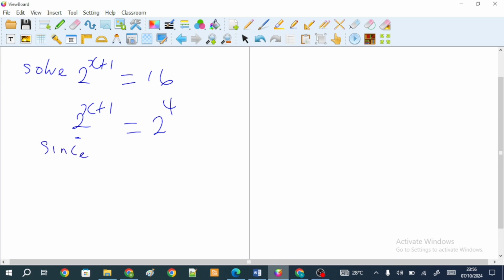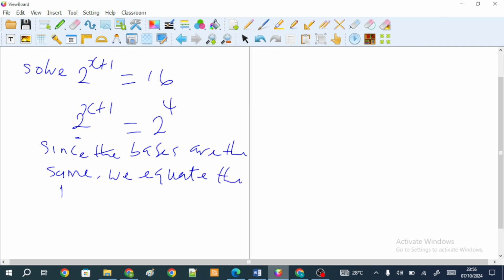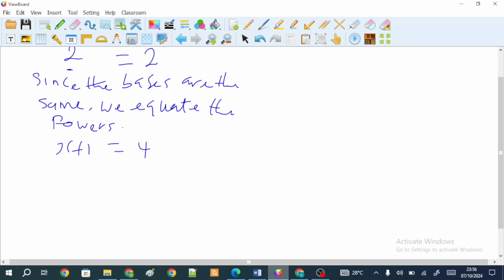Since the bases are the same, we equate the powers, or the indices. The reason we're equating the powers is because the bases are the same. On the left hand side the power is x plus 1, on the right hand side the power is 4.